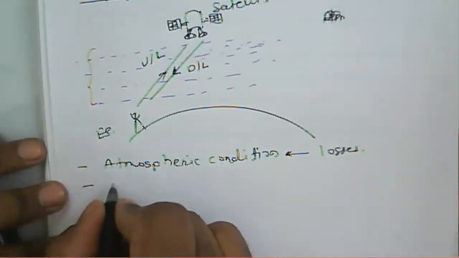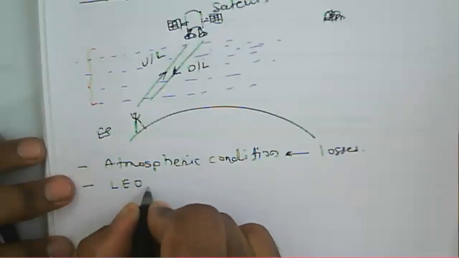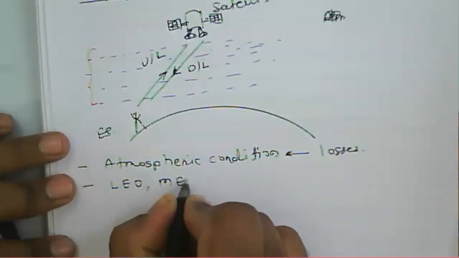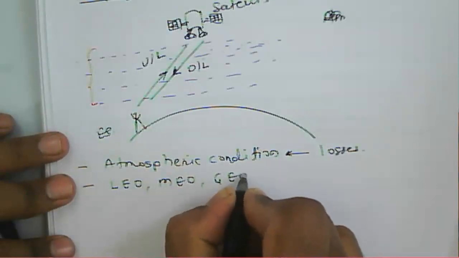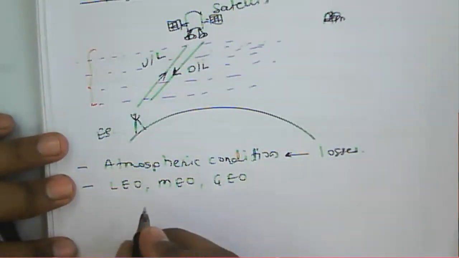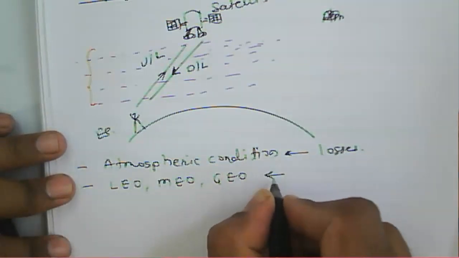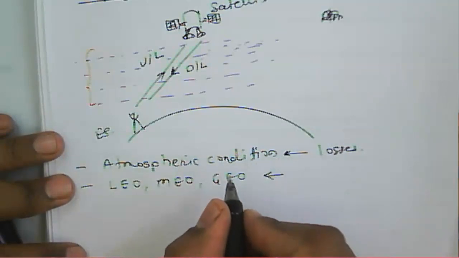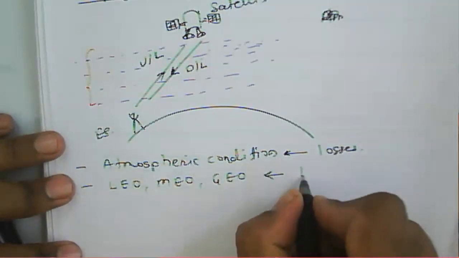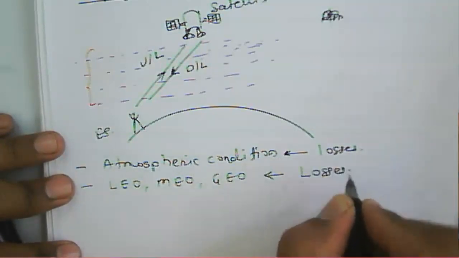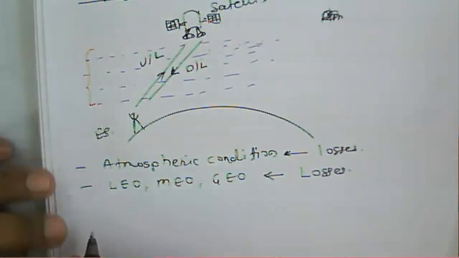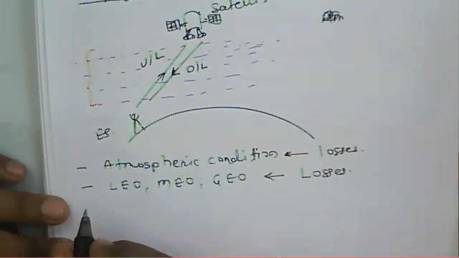Now there are various satellites: low Earth orbit satellite, medium Earth orbit satellite, and GEO satellite. If it is a low Earth orbit satellite, what atmospheric effect occurs on it? We talk about the various losses when we consider the different heights of the satellite.